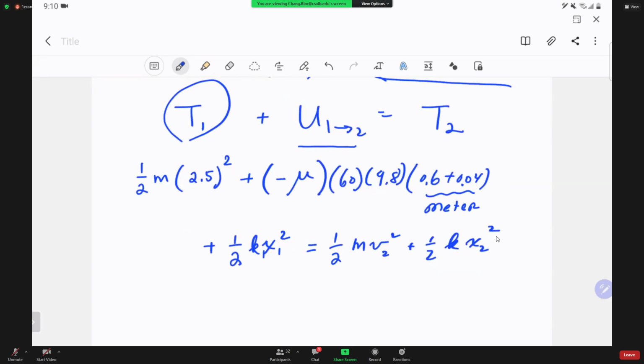This one is 1/2, and we have to be a little bit careful.